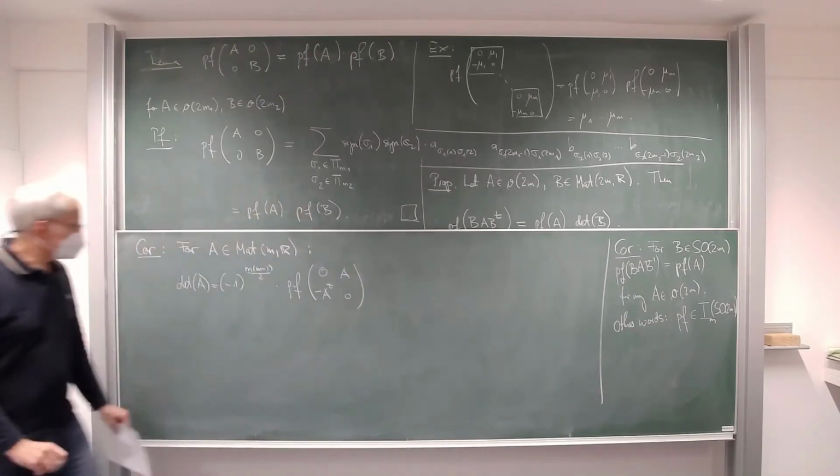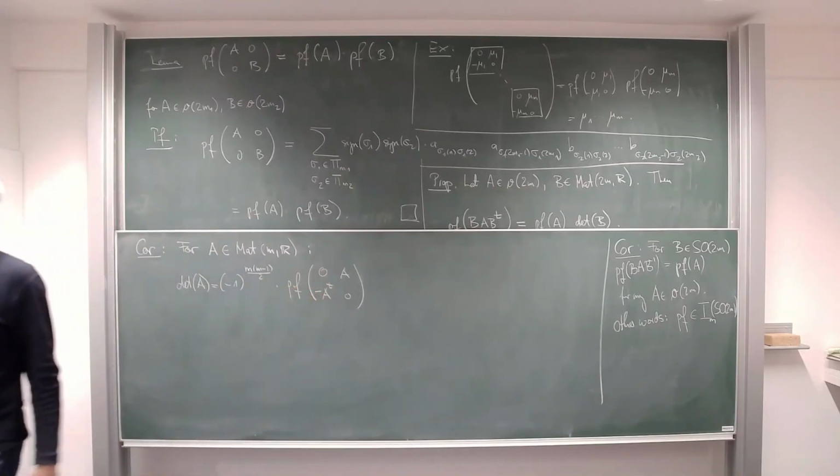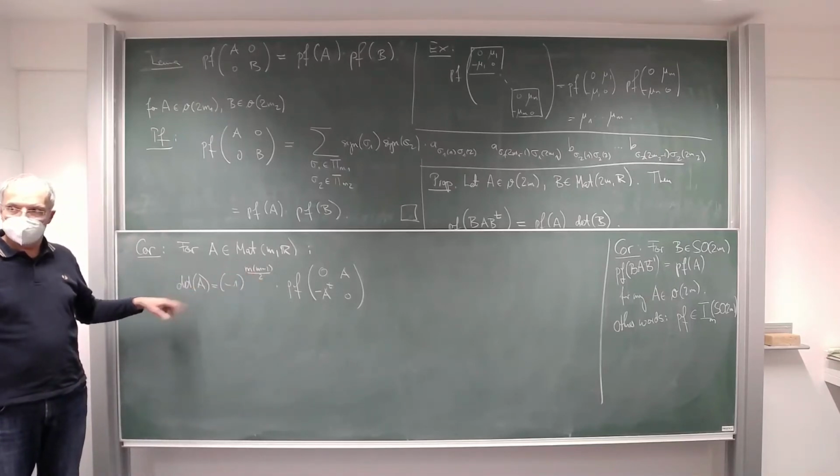You just take the double size and convert it into a skew-symmetric matrix in the obvious way. You take its Pfaffian, then up to the sign, this is the determinant.